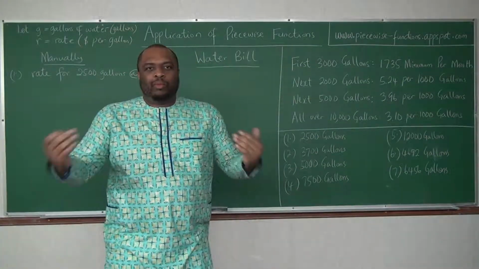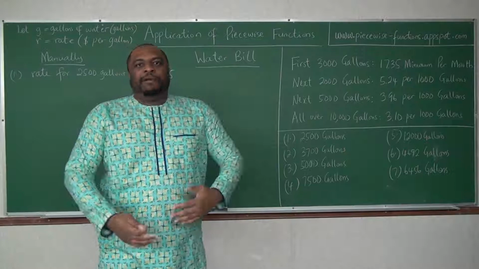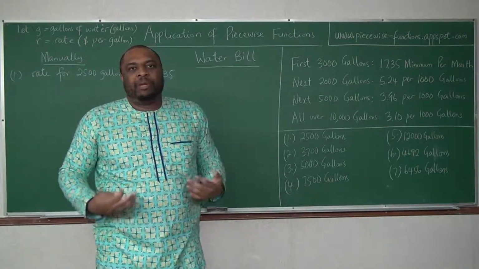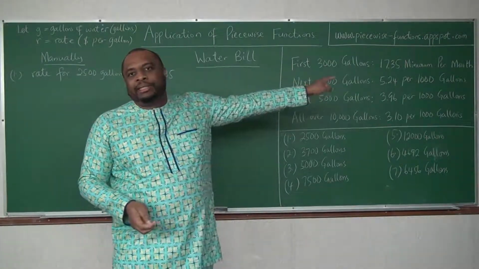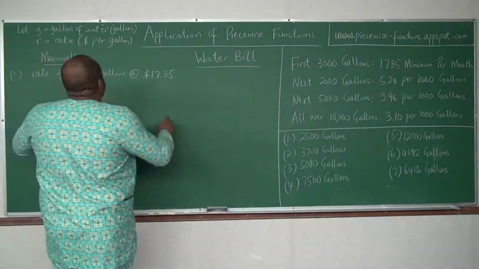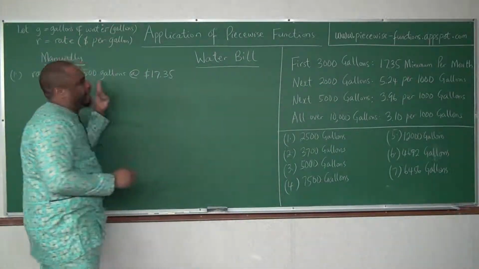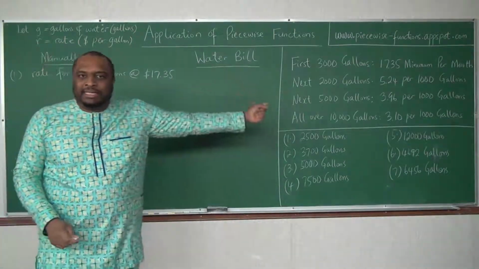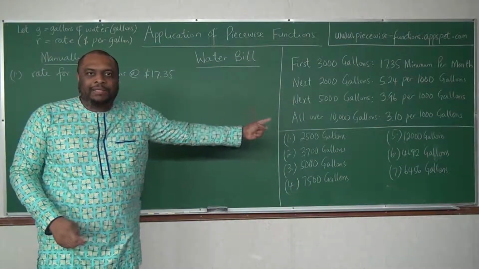Even if you don't use any water at all, even if you have 0 gallons of water, you will still pay $17.35 anyway. This is because 2,500 gallons is less than 3,000 gallons.